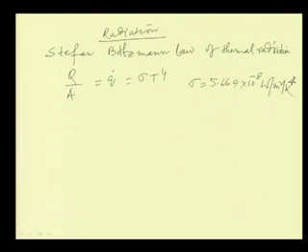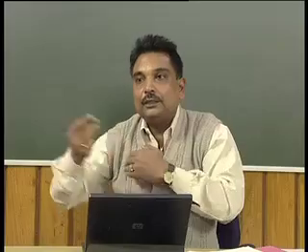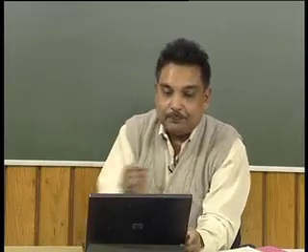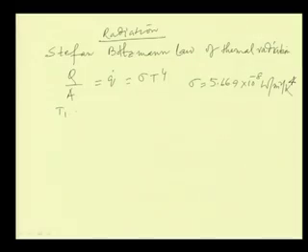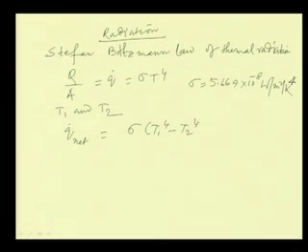Now, the radiated heat transfer is basically the exchange between two bodies. If two bodies are at temperatures T1 and T2, then the net exchange between the two bodies is Q dot net, equal to sigma into T1 to the power 4 minus T2 to the power 4.